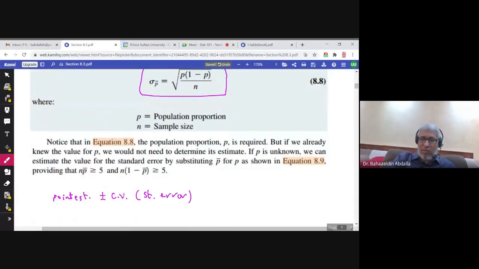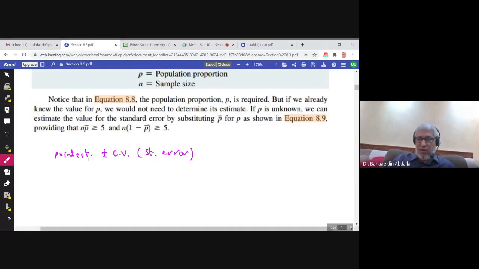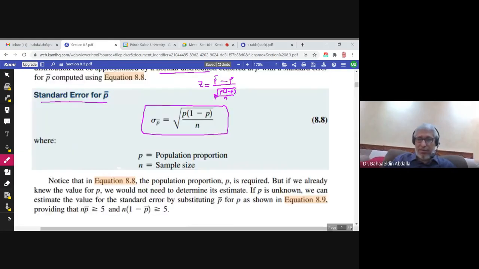That's the general formula to find the confidence interval for any parameter. So the point estimate here for P is P bar, and the critical value will come from the Z table, and the standard error is sigma P bar, which is this one.